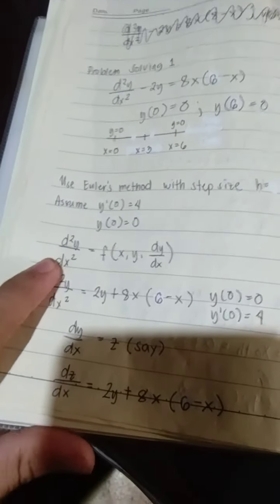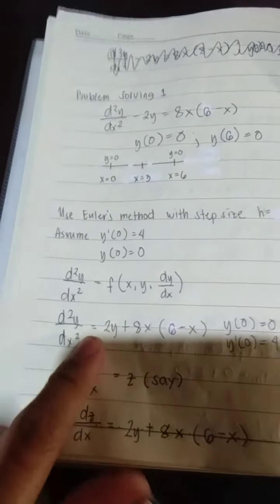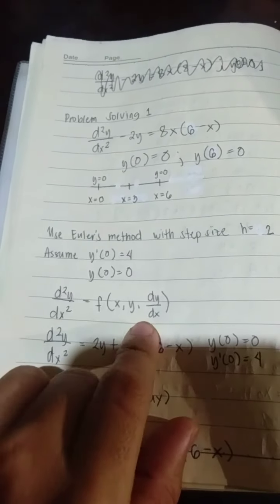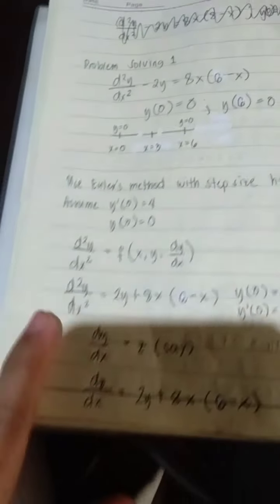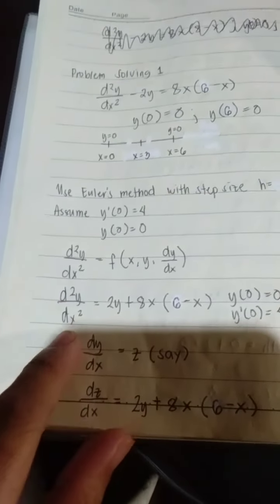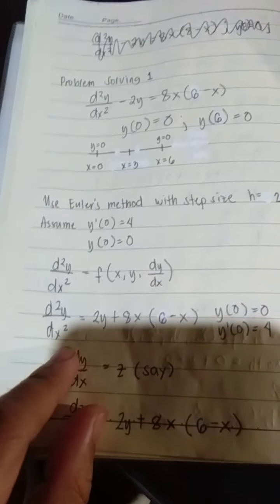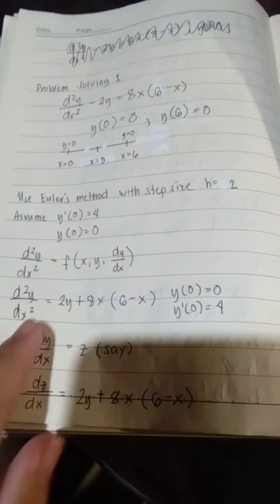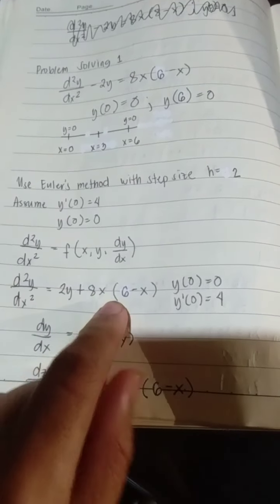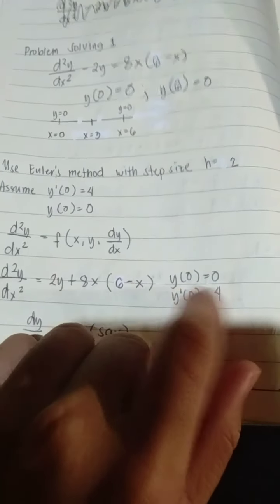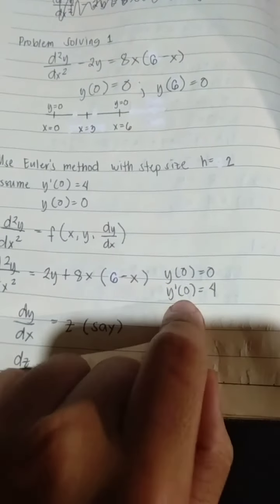So d squared y over dx squared is equals to f of x, y, and dy over dx, which is equals to 2y plus 8x times 6 minus x, where y of 0 is equals to 0 and y prime of 0 is equals to 4.